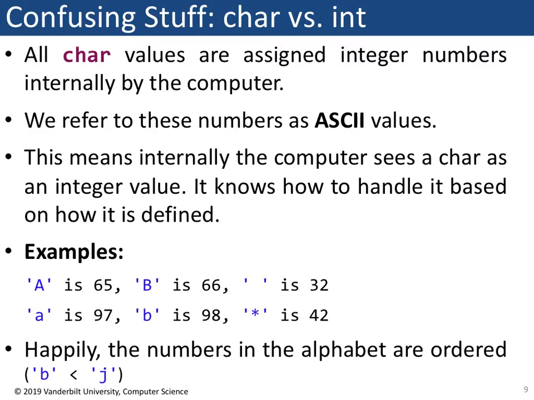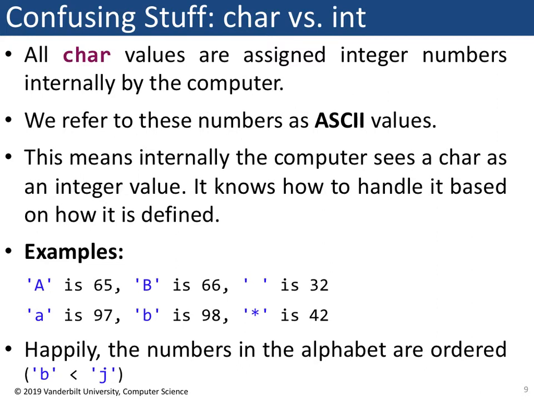So char is a data type which is used to store characters. But for characters to be represented in a computer, they have to be encoded in some way, because computers are only able to store fundamentally ones and zeros, so therefore combinations of ones and zeros, and we understand that that makes up a binary number system.